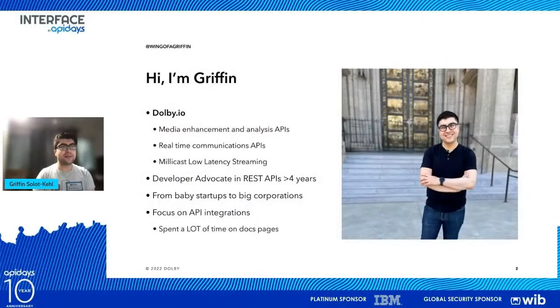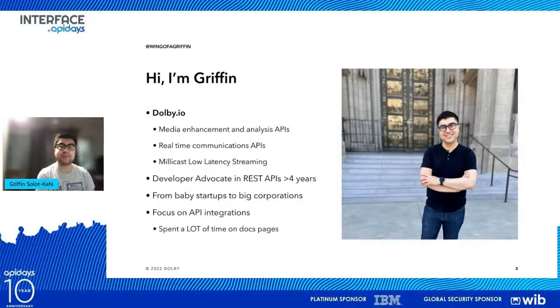So the first thing that I like to do is talk a little bit about myself. Once again, I work at Dolby.io, where I am working on a new environment at a company that's been around for a long time. Dolby's been around for over 40 years, but Dolby.io is a new endeavor where we're trying to make developer-first APIs. This involves things like media enhancement and analytics, real-time communications, as well as a recent acquisition we made of Millicast for low latency streaming.